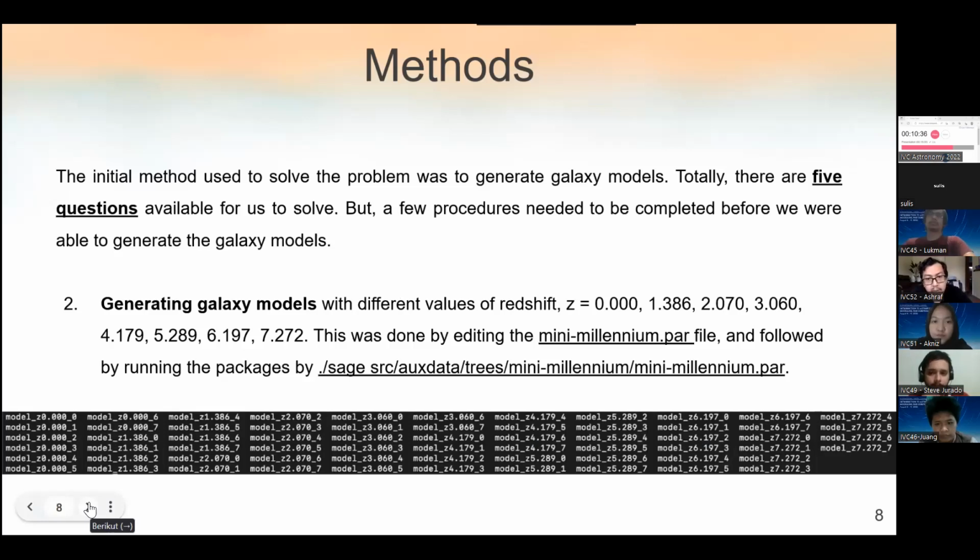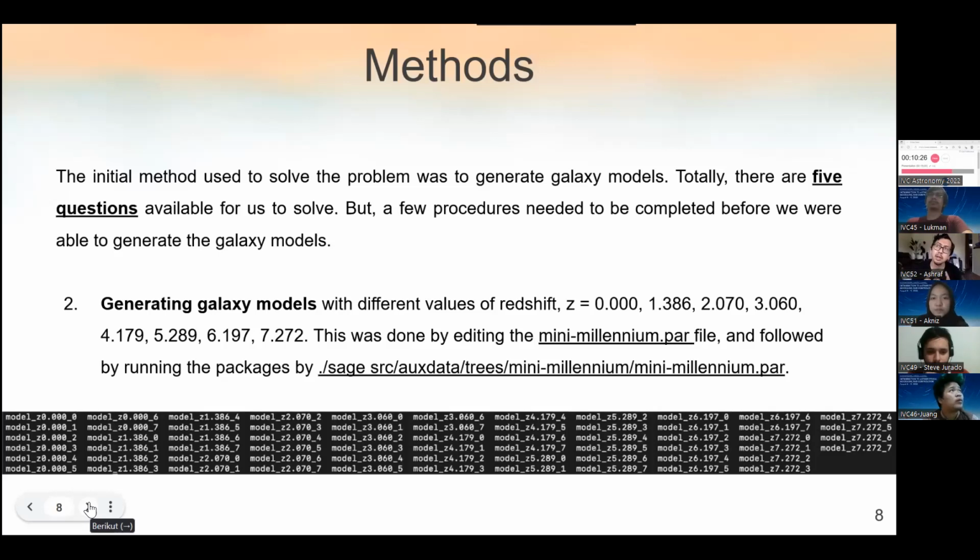This includes the dust model, the star formation model, the merger model, and the instability model. These are the models that were required to generate a final output of the galaxy models. This was done by editing a parameter file named the minimillennium.par file, followed by running the package using the sage command.